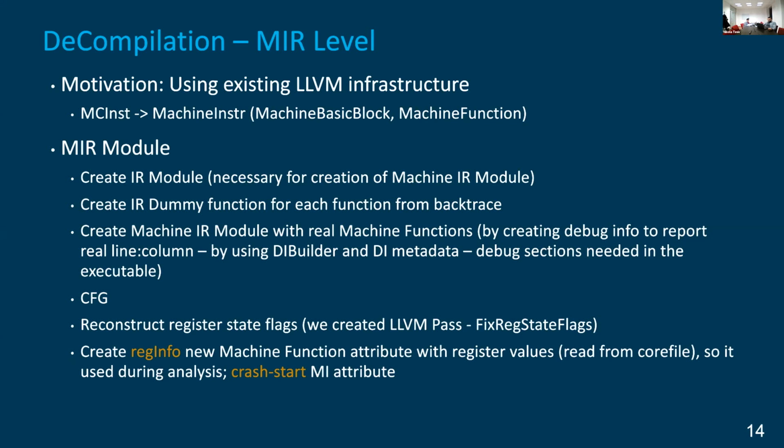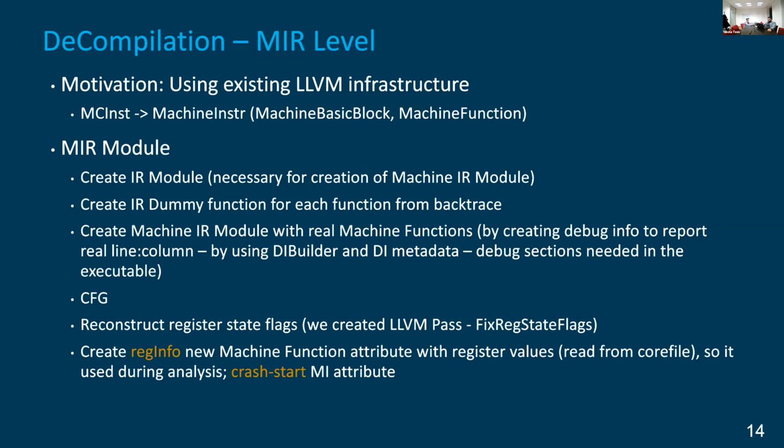And for each machine IR function, we create a dummy IR function so we can attach the corresponding DISubprogram metadata and other useful debugging information that is used during analysis on the machine IR level. We also recreate the control flow graph. Also, a very interesting thing we are incorporating into machine IR are register values read from the core file. We are using that information during analysis, but we'll talk about that later.